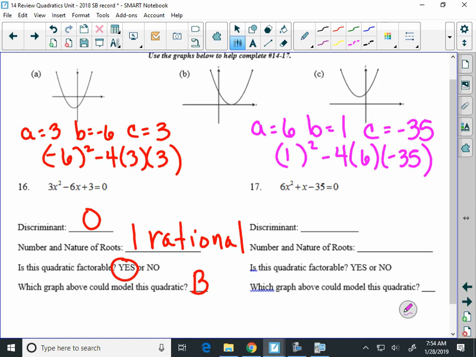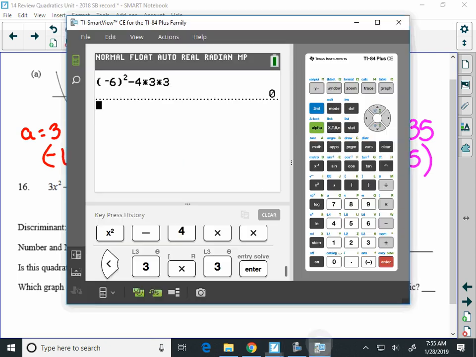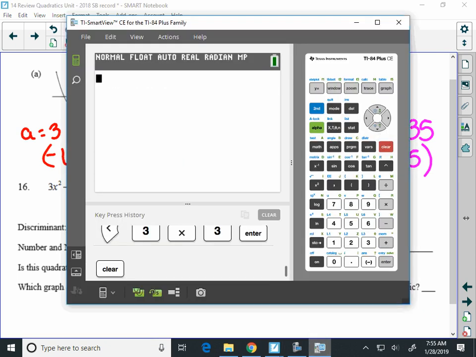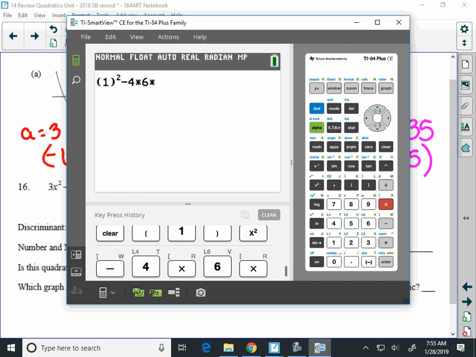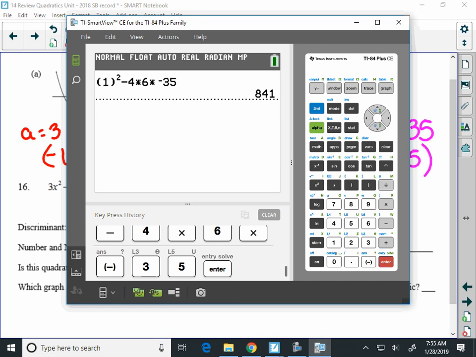And we'll type that in. 1 squared minus 4 times 6 times negative 35. And we get the value of 841.